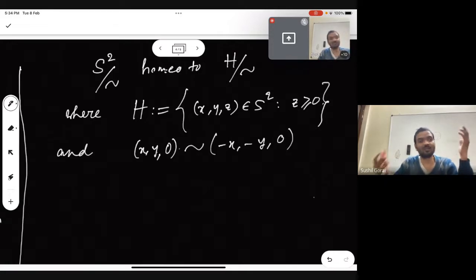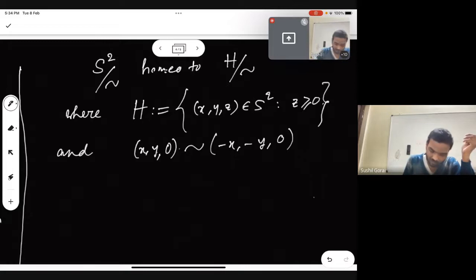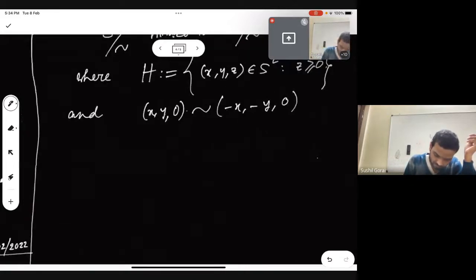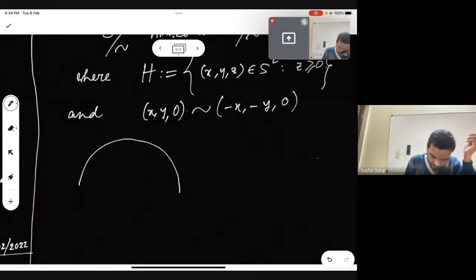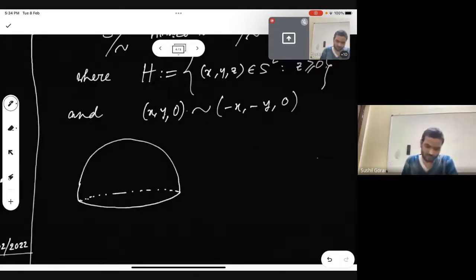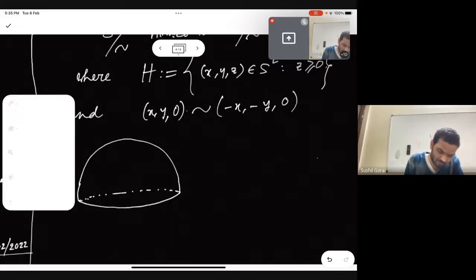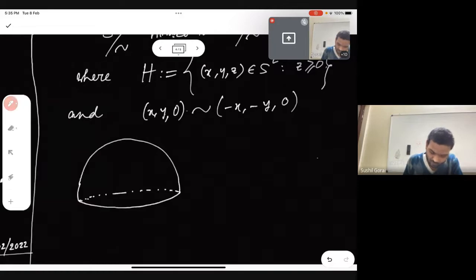The other points you do not need to identify. So here H is nothing but the upper part, and these points need not be identified. Only the points on the boundary are identified.